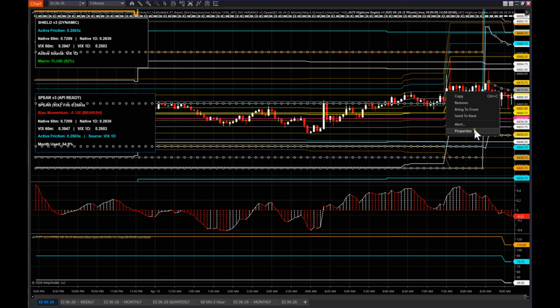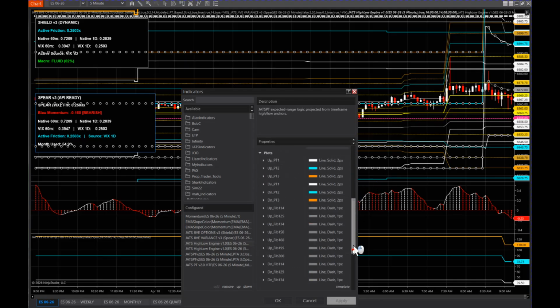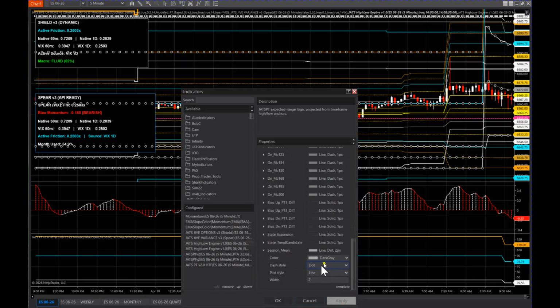And you can customize these colors if you don't like my selection. Just come inside the platform. The mean unfortunately is way down there. I added it last. I realized after I built it that I didn't have the mean in there.